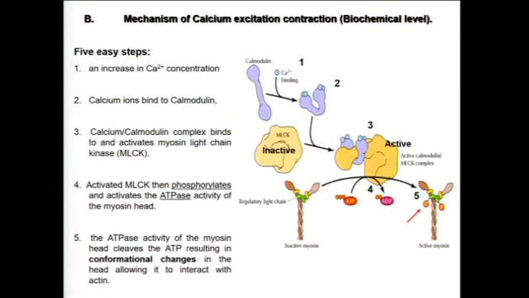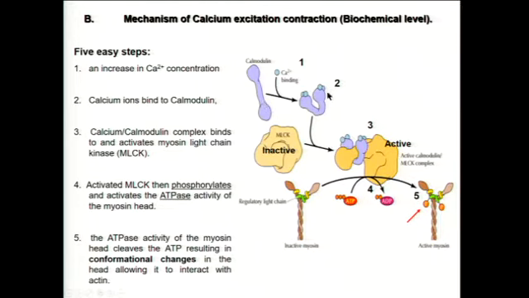Not troponin, calmodulin. In its resting state, it's kind of shaped like a dumbbell. When four ions of calcium bind to it, it changes its shape. So it's kind of like phosphorylation. So this calmodulin will change its shape, and it's now a different protein. This is different from this.